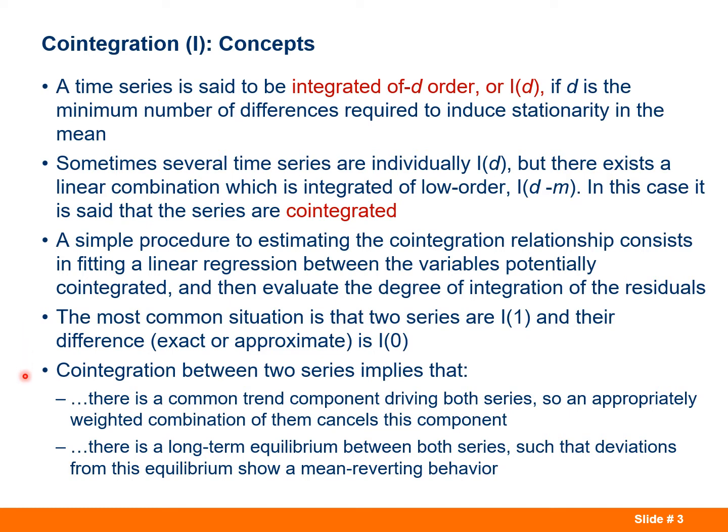Cointegration between two series has two meanings. First of all, we can consider that there is a common trend component driving the series, so a combination of them cancels this component. Second, we can also understand that there is a long-term equilibrium between the series, such that deviations from this equilibrium show a mean reverting behavior.